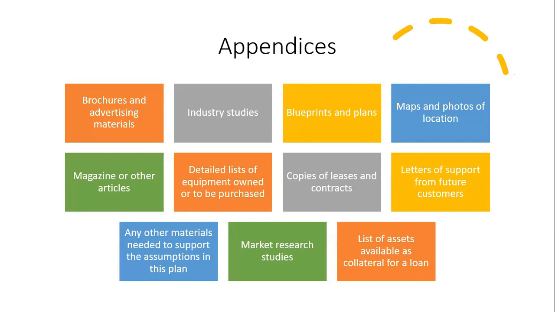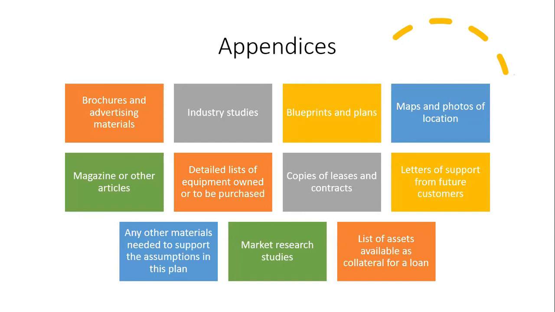And the last section of your business plan is going to be your appendices. So this is going to be where you're going to put your brochures and your advertising materials, the studies that you were able to get for your research, your blueprints and plans, maps, your location details, how many single families, what's the average income.